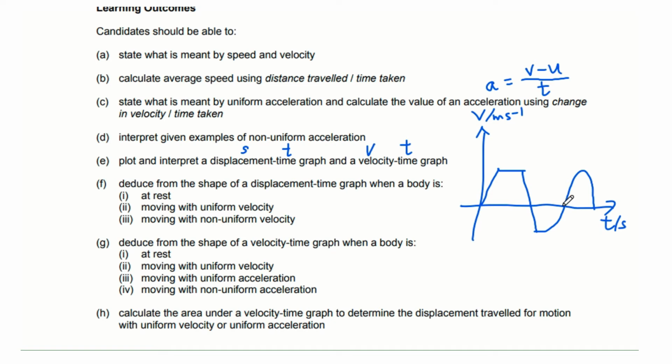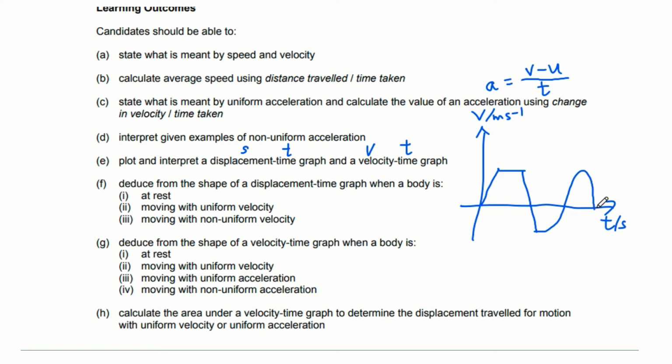If I look from this point to this point, I know that the gradient is decreasing until it reaches 0. So from here to here, the object is moving with decreasing acceleration. Now from here to here, it is decelerating because the velocity is decreasing, and the gradient is also negative. When gradient is negative, we say that it is decelerating.